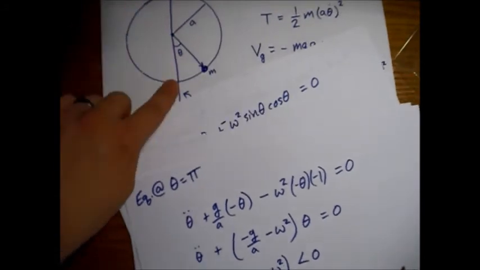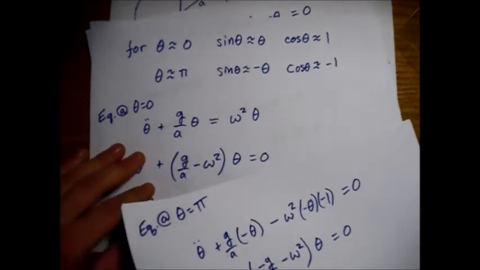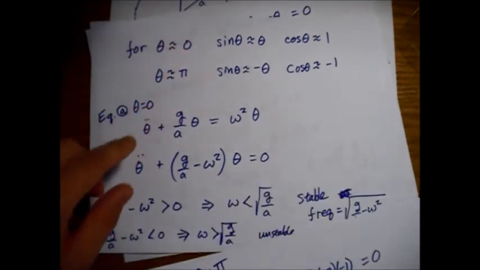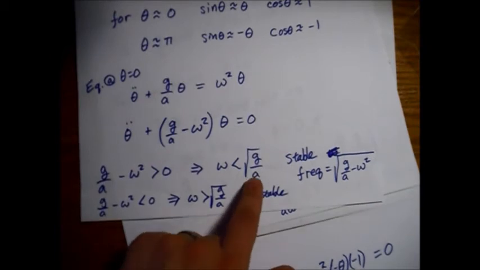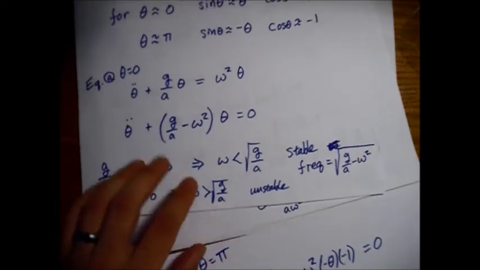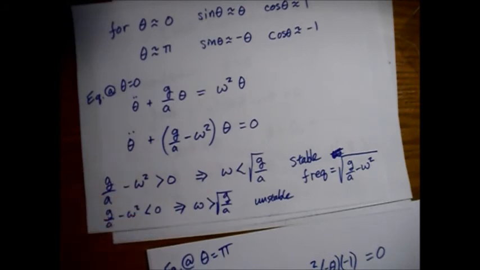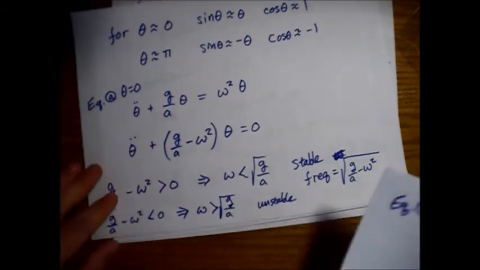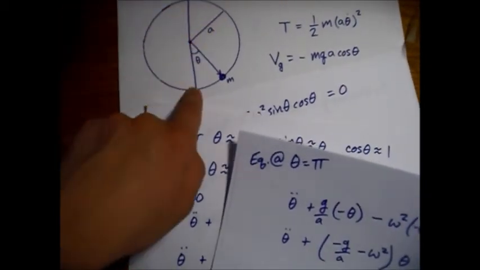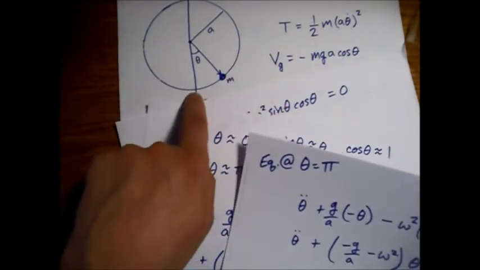The one down here depends on how fast we're spinning the hoop. If we're not spinning it too fast, meaning our angular frequency of the hoop is less than the square root of g over a, then the bottom is stable. If we're spinning it too fast, then it's going to be unstable, in which case it will not only fall off the top, but it will also be thrown out from the bottom.